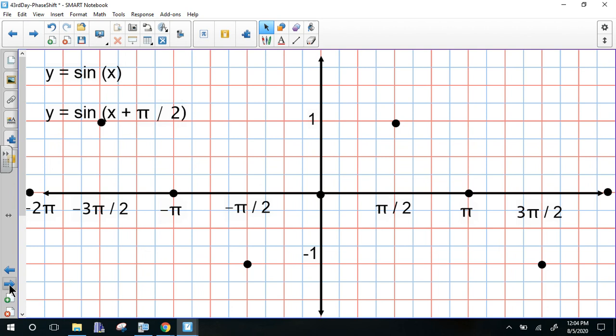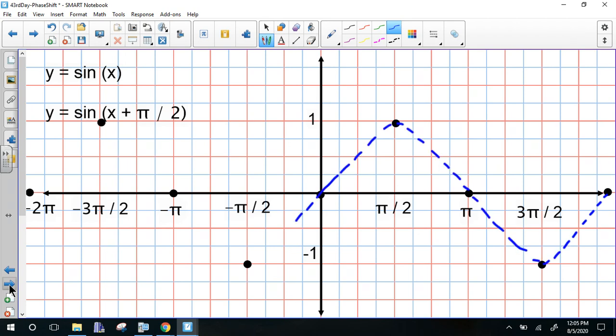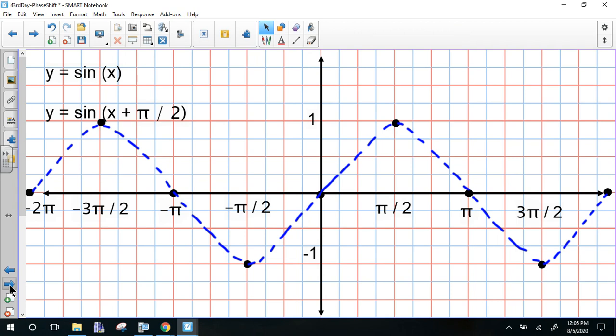Okay, so let's try this. Let's graph sine of x. Sine of x goes through 0, 0. There's sine of x. I'm going to take every point. I'll take my pi over 2. I'm going to divide it by the number in front of the x, which is 1. So I get a phase shift of pi over 2, but they're going to move left pi over 2.